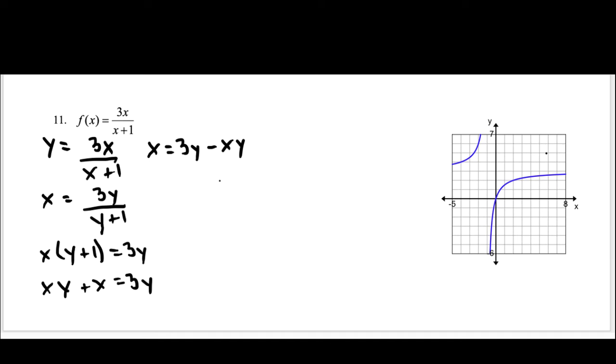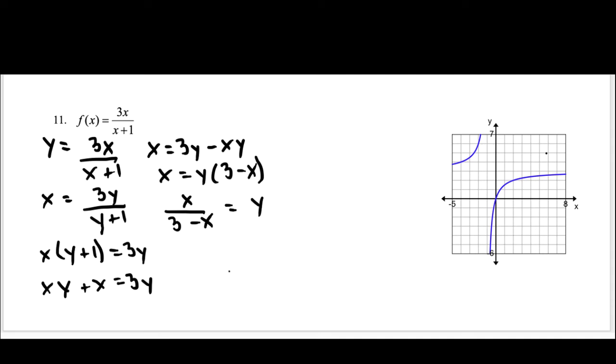And then I can factor out a y on the right side of the equation. So x equals y times 3 minus x. And then I can divide both sides by 3 minus x. So x over 3 minus x equals y.